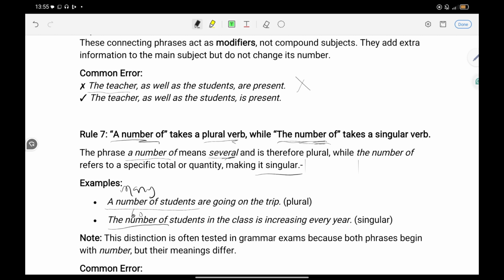Okay, I think I'm wrong here. We can't just say 60. But yeah, according to the rule, when you have a specific total or quantity, then it's a singular verb. That's the rule.